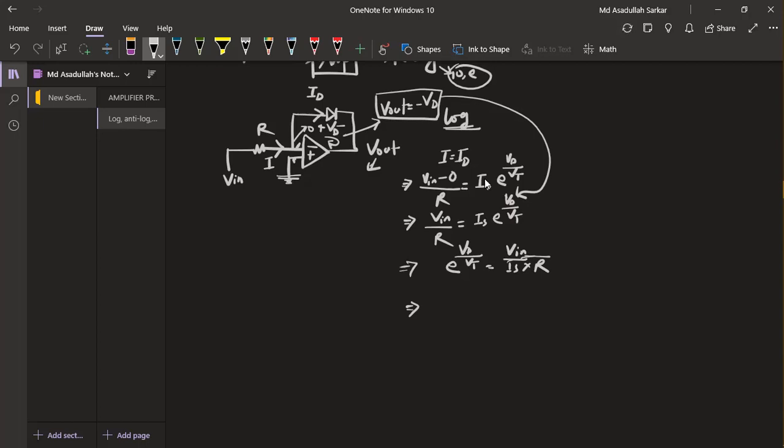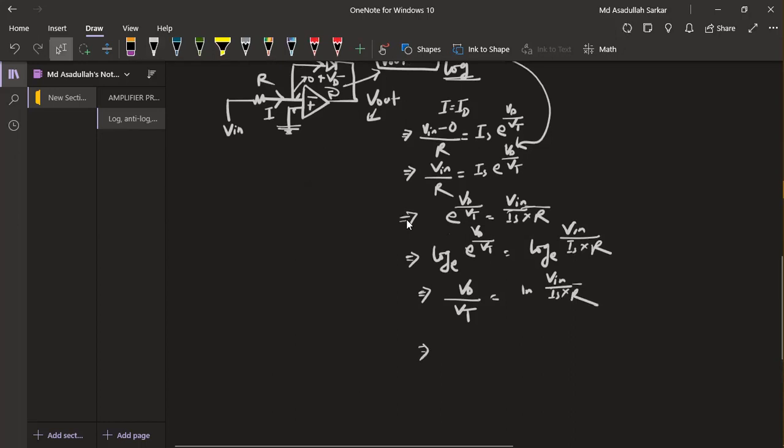If I apply log base e, log e of Vd by Vt equals log e of V input by Is multiplied by R. The log and the exponential cancel, so Vd by Vt equals ln of V input by Is into R.